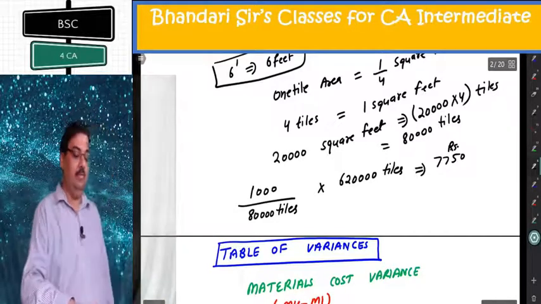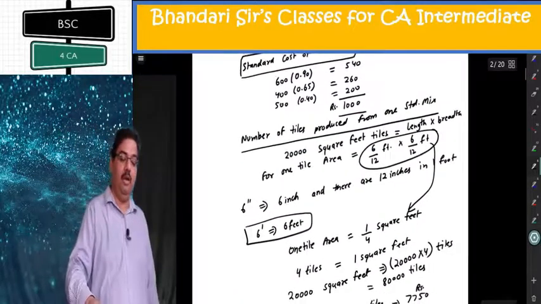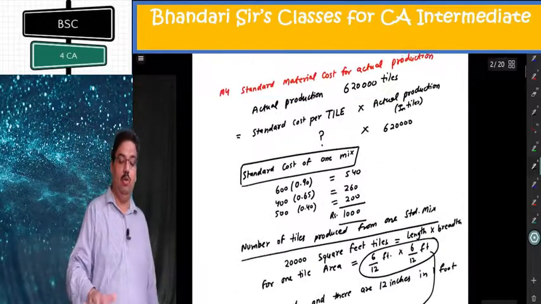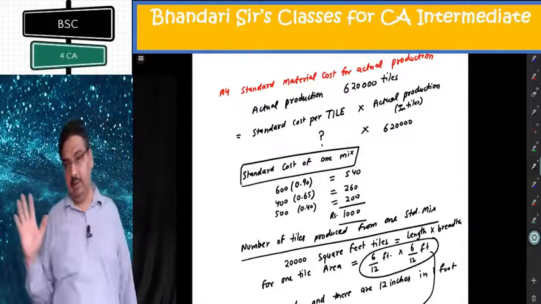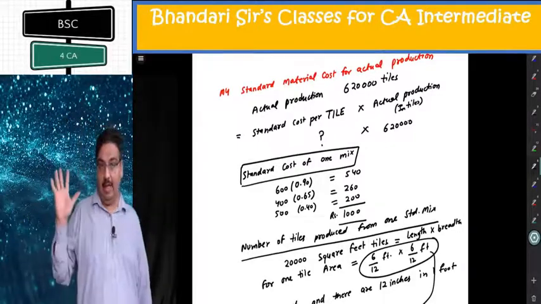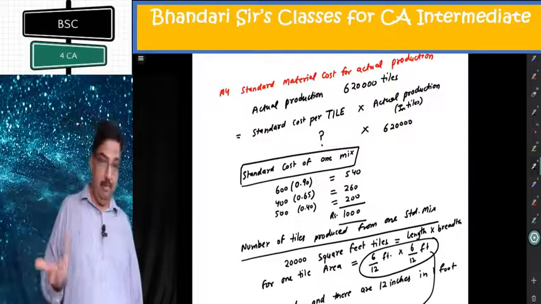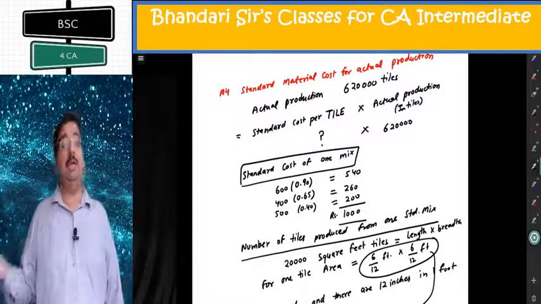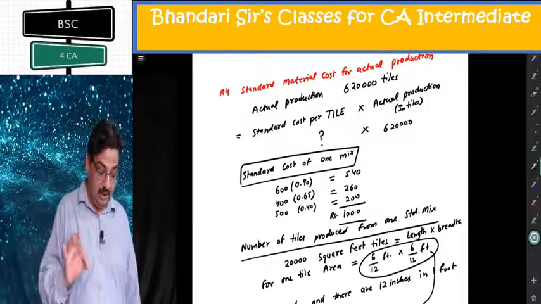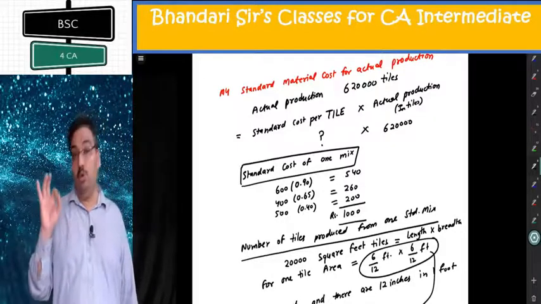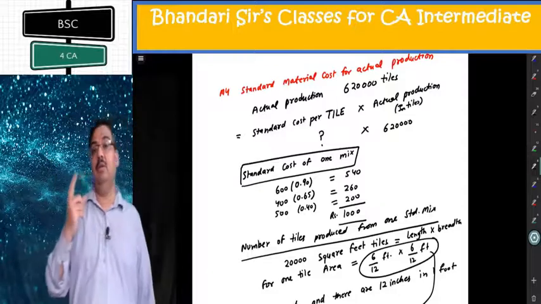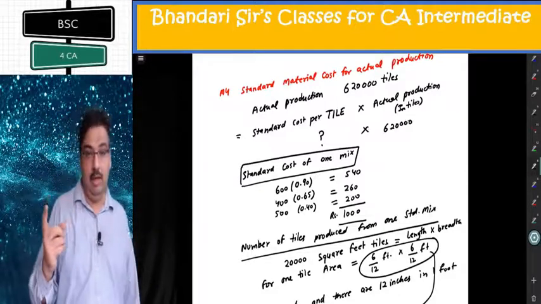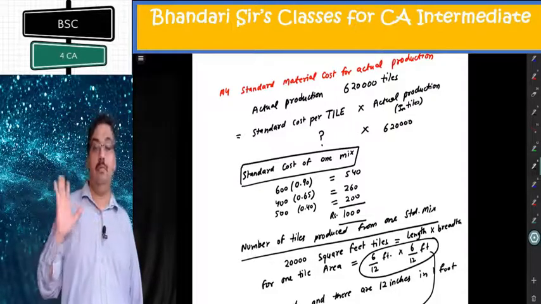I repeat, it is very, very important, very interesting, most crucial part of this question. You are given actual production 6,20,000 tiles. I need standard cost per tile. Standard cost of one mix I compute. One mix is producing tiles which are 20,000 square feet. I want to know how many tiles. One tile is having what area? 1 by 4 square feet area.